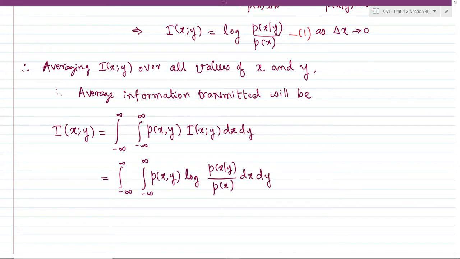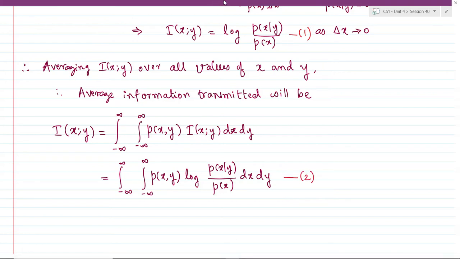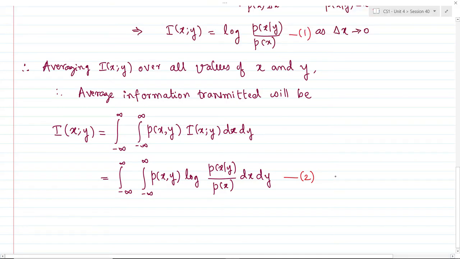Let me call this equation 2, and definitely this we have written using equation 1.